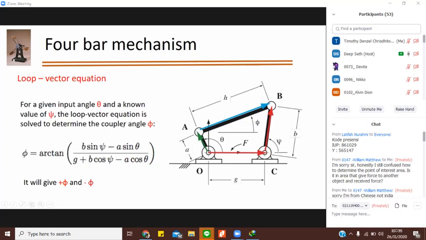You will solve this equation and find phi is equal to arc tan of (b sin psi minus a sin theta) divided by (g plus b cos psi minus a cos theta). So phi is defined in terms of psi and theta, which are known.